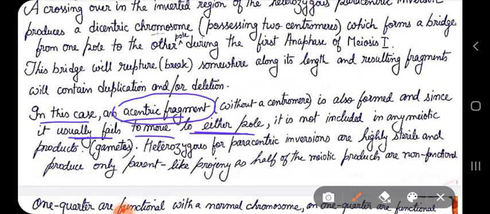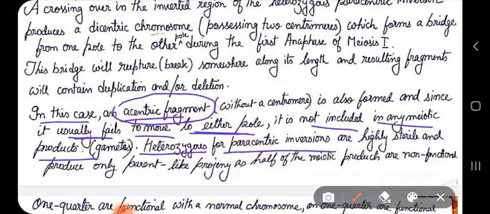How will it attach to the spindle fiber, how will it migrate to the opposite pole? Since it also doesn't have telomeric regions, it will be unstable, it will break down somewhere and will not be included in any meiotic products. That means it will not be found in the gametes.